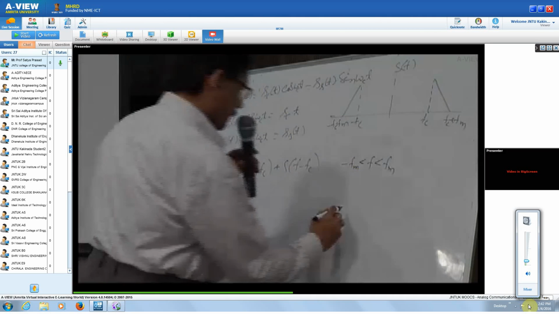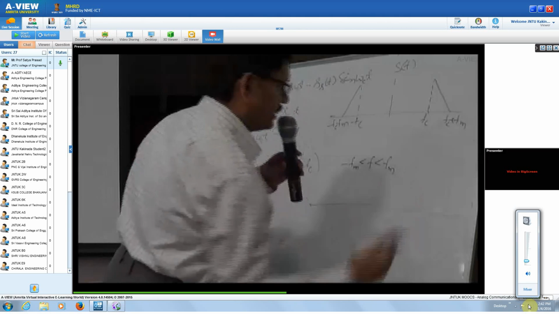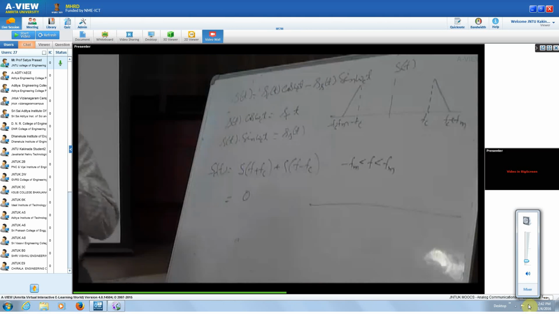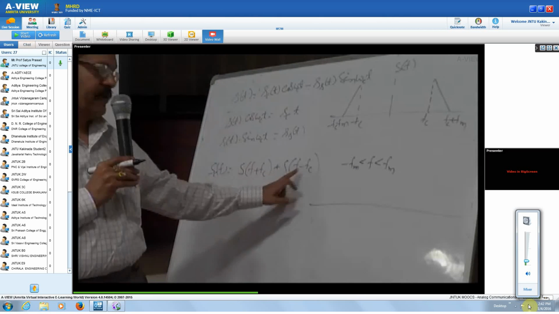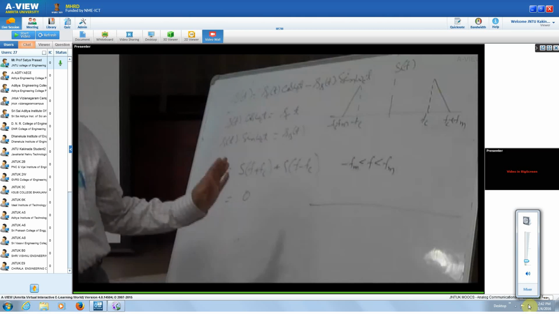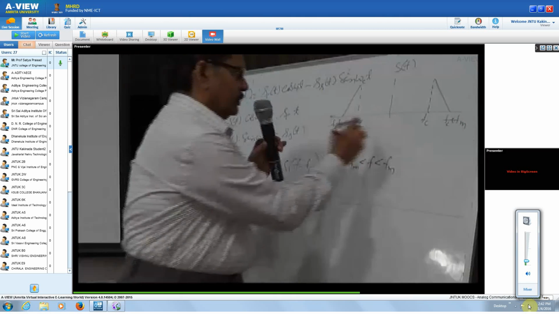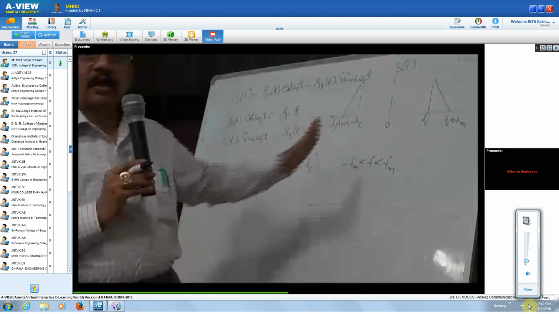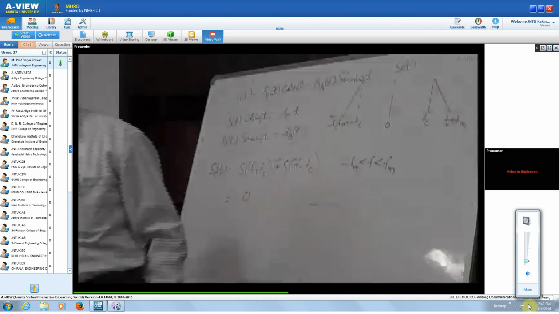Therefore, what is S of f minus Fc? When f equals Fc, it is 0. That means your 0 axis, this is 0. Now this has been shifted to Fc.